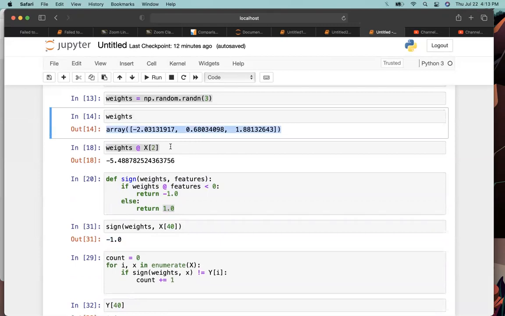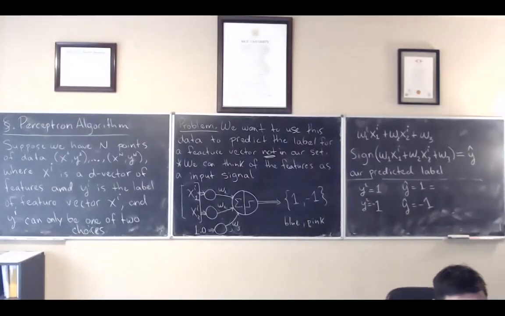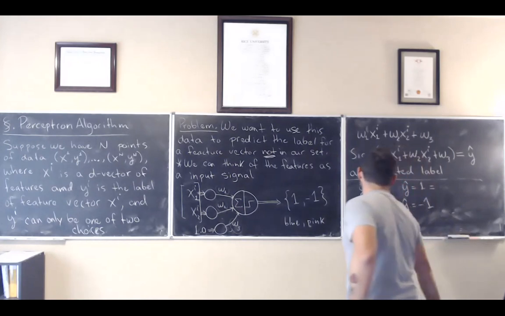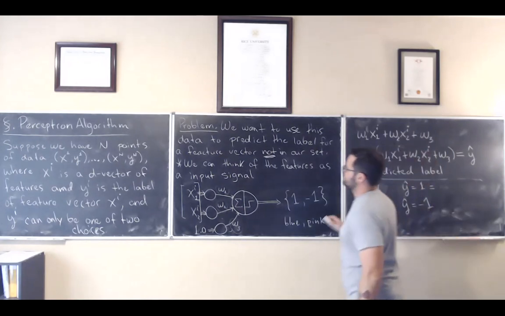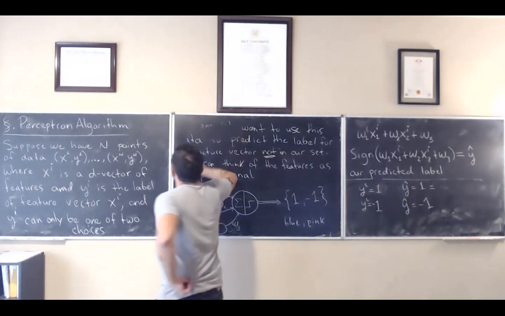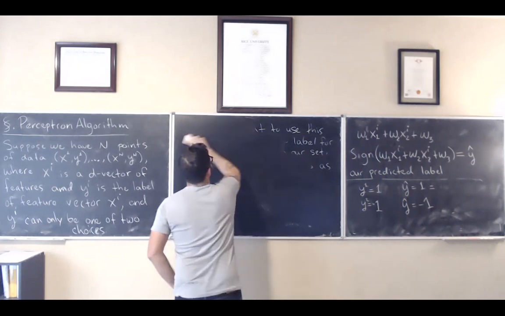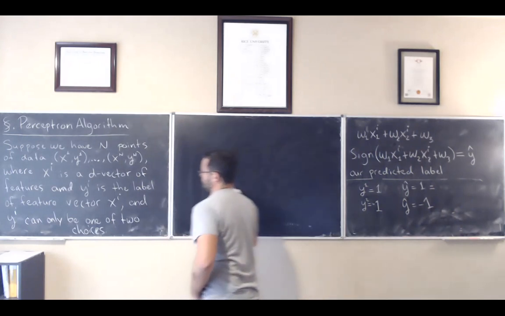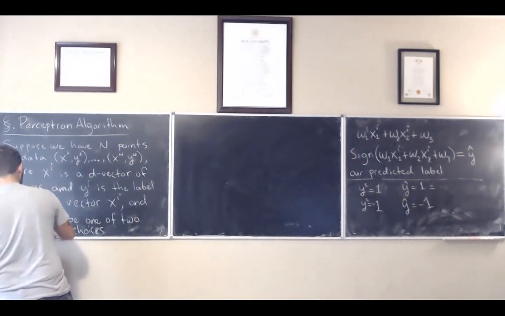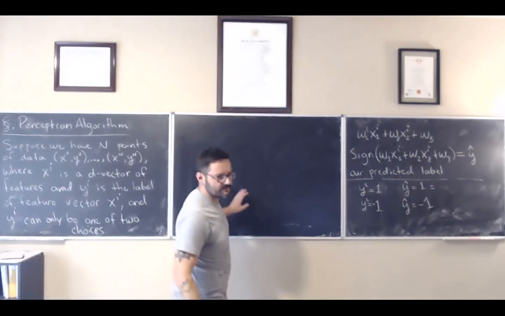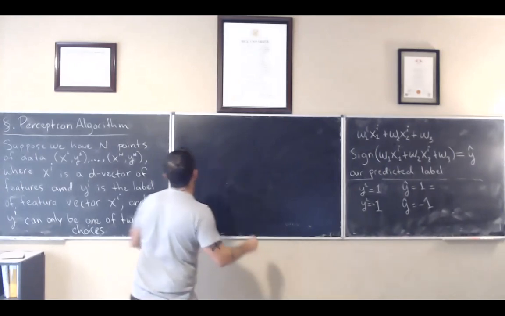But we can fix these weights. We can make these weights better. Okay, and how can we do that? So let's go ahead and talk about that. I'm going to drop the superscripts for a moment just to make life a little bit easier.